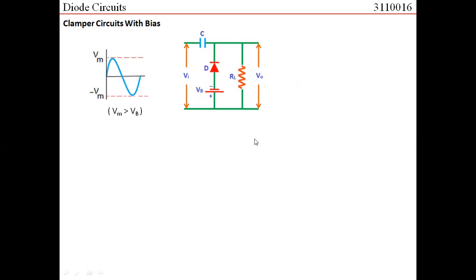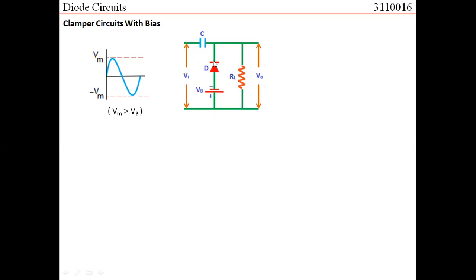Now what would be the basic difference? When the diode is on, what would be the output voltage? The output voltage would be equal to minus Vb, because when the diode is on, it acts as a closed switch, the voltage at this branch is minus Vb, so V0 would be equal to minus Vb. And when the diode is off, the voltage would be equal to Vin minus Vc. Another thing is that when the diode is on, the capacitor would charge.